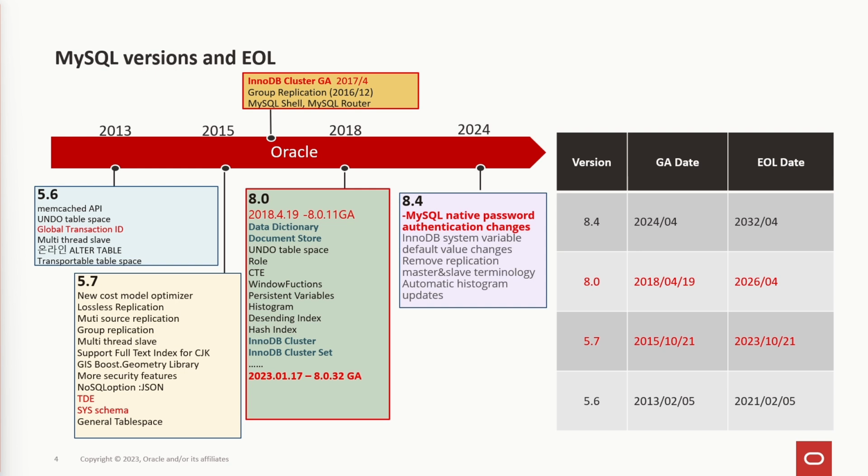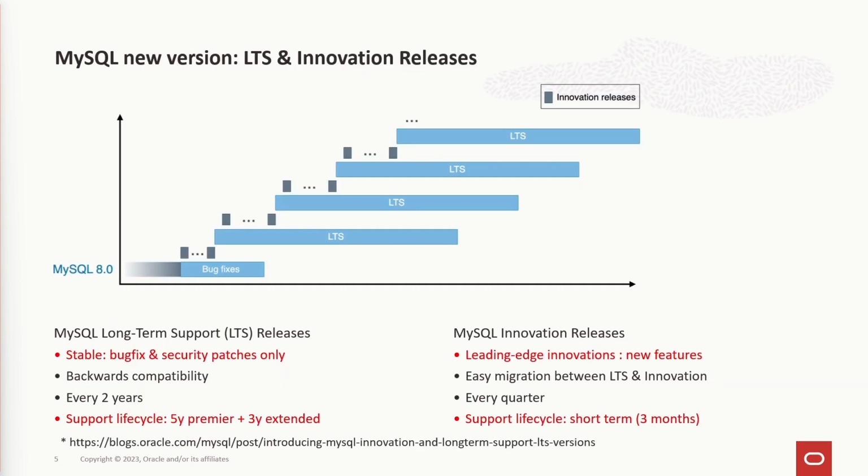It's only 2 years left. So you have to upgrade from 8.0 and prepare to upgrade to 8.4. We recently made the 8.4 LTS version GA, so I'll explain the new versioning.